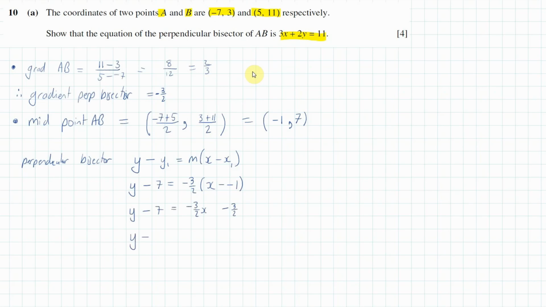And so y will be equal to -3/2 x minus 3/2 plus 7, and we can simplify that.